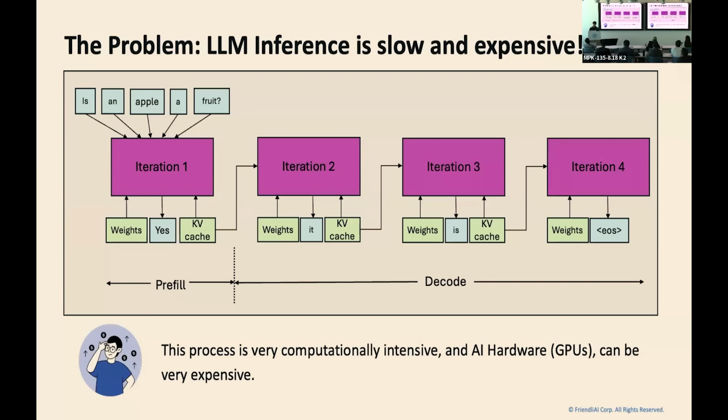There are two steps: prefill, where input tokens are processed in parallel, and the decoding step, where tokens are generated one by one, or autoregressively, using stored KV cache states. Without any special optimizations, the model generates output one token at a time, and each token requires a full forward pass through the model's billions of parameters.